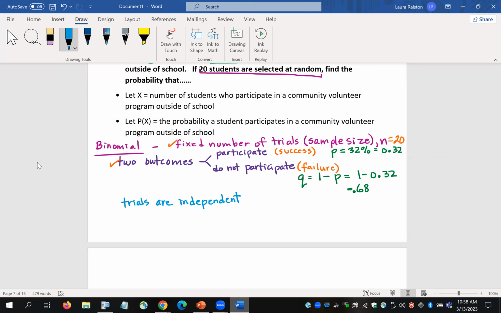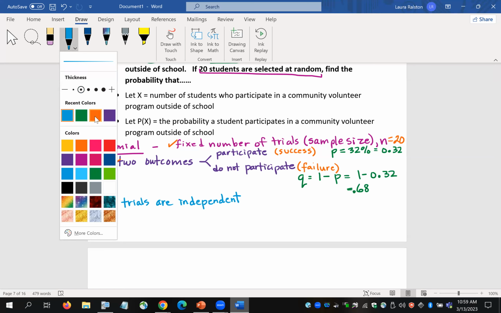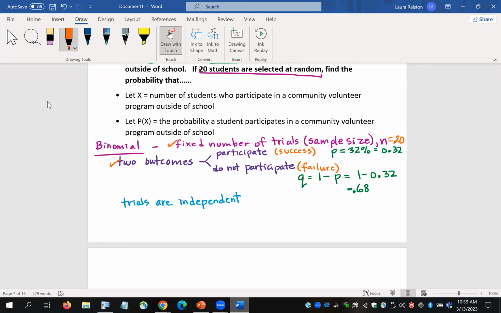Would the fact that Keyshawn participates in a community volunteer program outside of school affect whether or not Nana participates, or whether Disney participates, or whether Allison participates? I don't think so. So my trials are independent, because the fact that one of you participates is not going to affect whether the other one does.